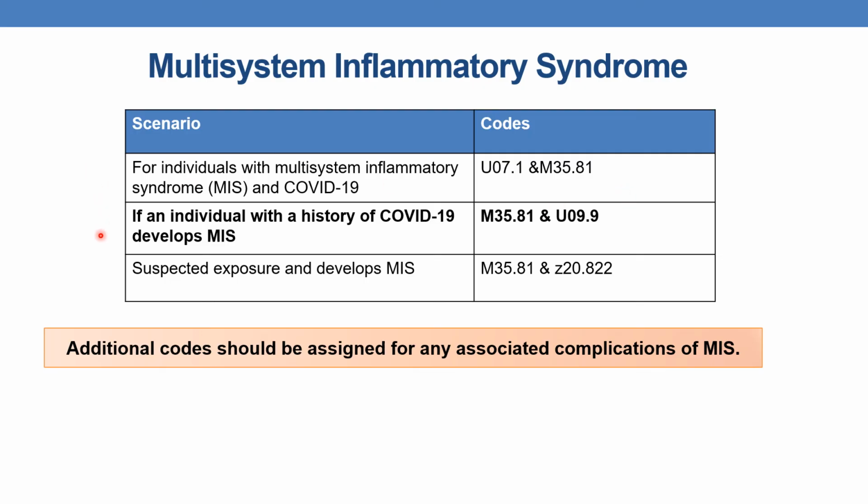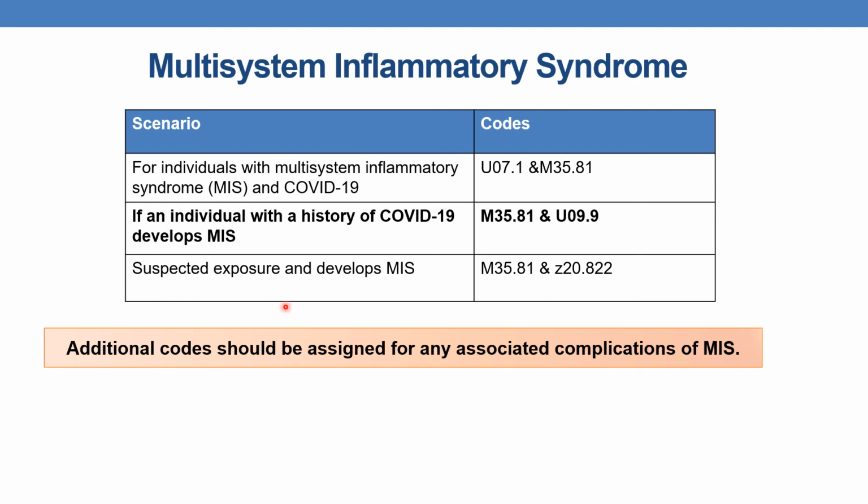The second scenario: if an individual with a history of COVID develops multi-system inflammatory syndrome, then first you need to code M35.81 as PDX followed by the post-COVID condition code as SDX, U09.9. Third scenario, suspected exposure.